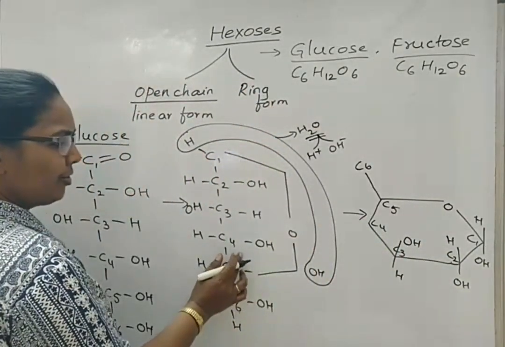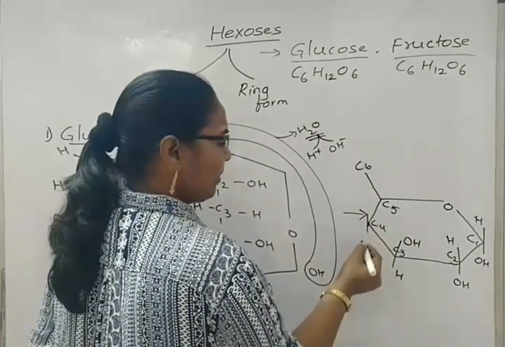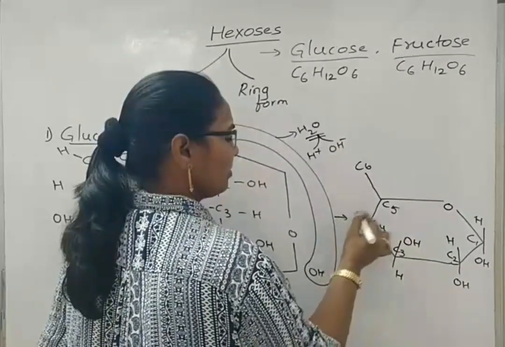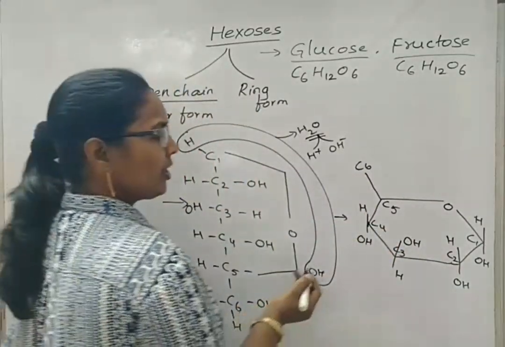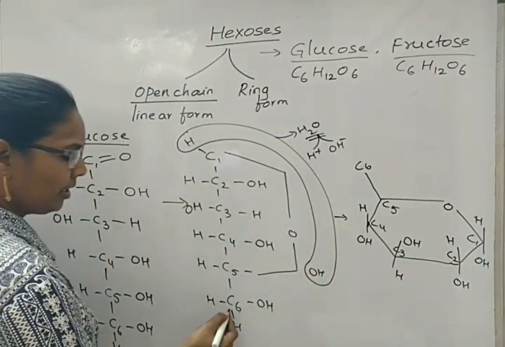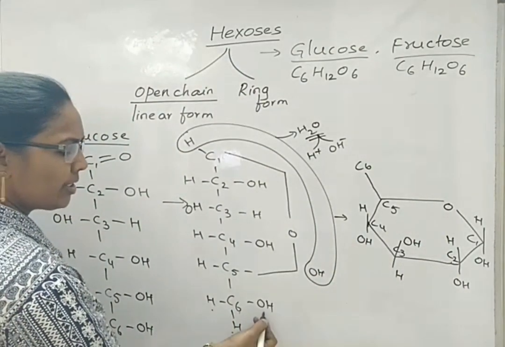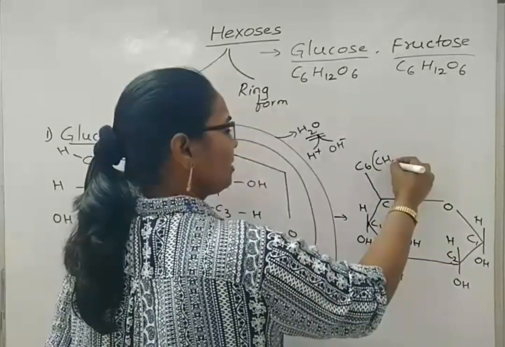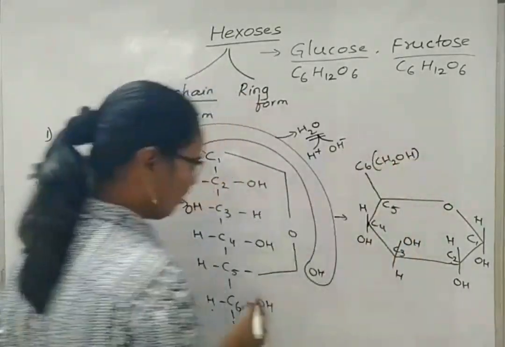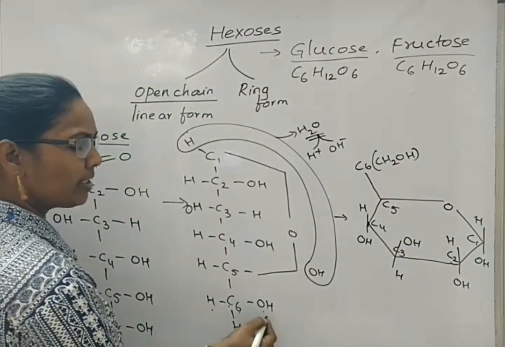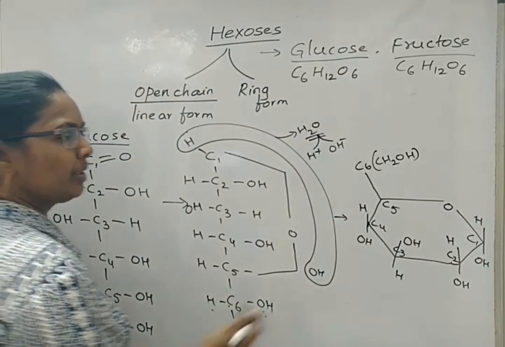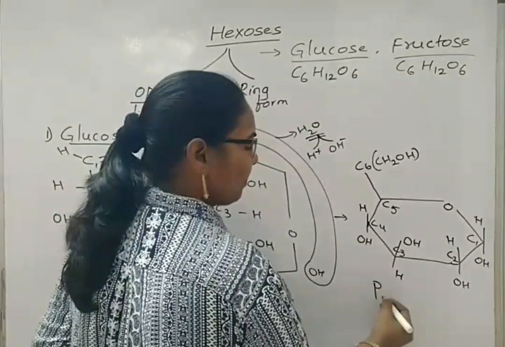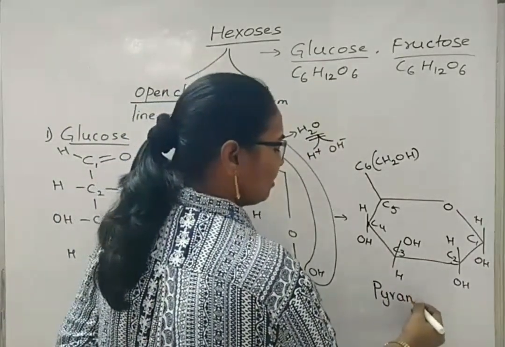At carbon 4 again there will be OH and hydrogen here. At the 6th position there are 2 hydrogens and 1 OH group, which I am writing in the form of CH2OH: 1 carbon, 2 hydrogens and 1 OH group. The ring form of glucose is called the pyranose ring.